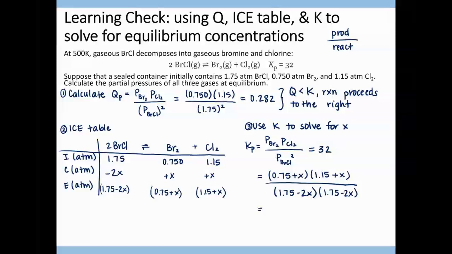0.75 times 1.15 is 0.8625. 0.75 times x is just 0.75x. 1.15 times x, and then x squared. We'll do the same thing for the denominator.